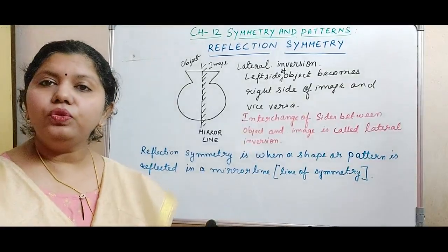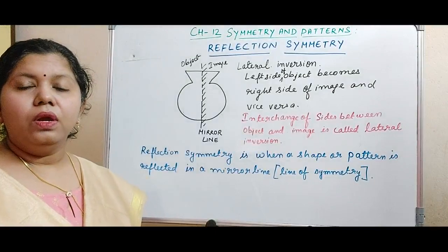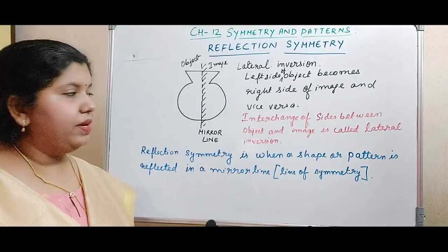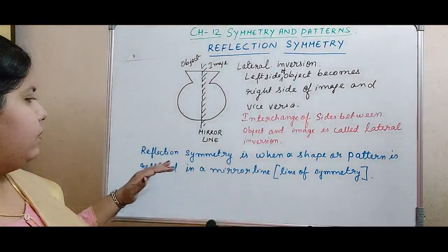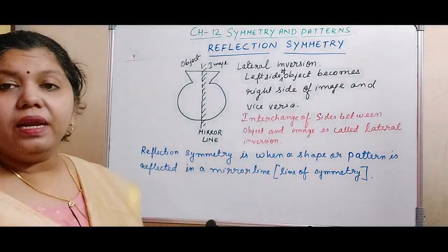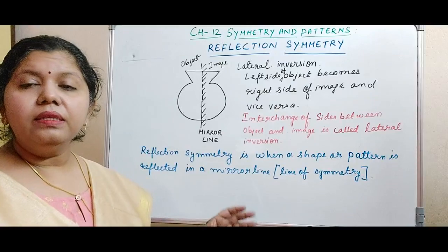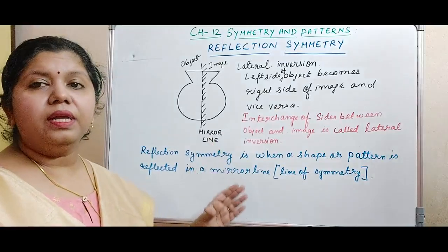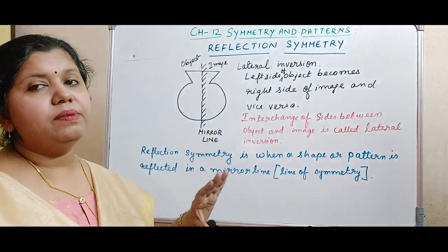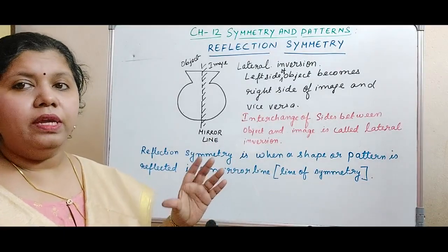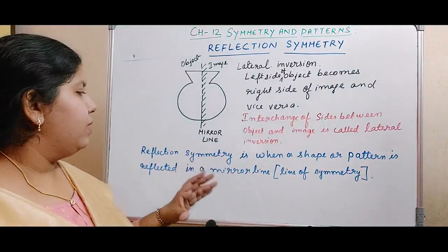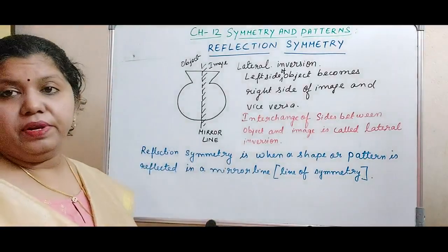Now if we come to the definition, what is a reflection symmetry? It is when a shape or pattern is reflected in a mirror line. The symmetry that you find between the object and the image is called reflection symmetry.